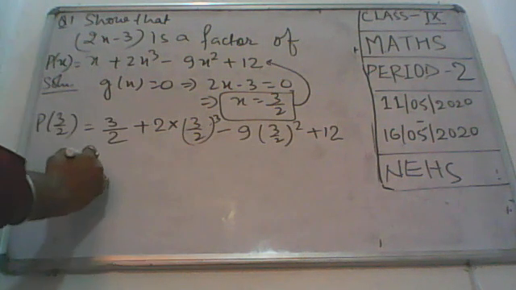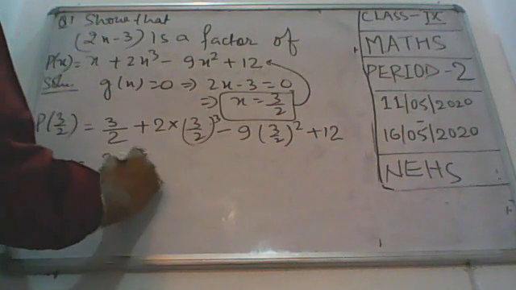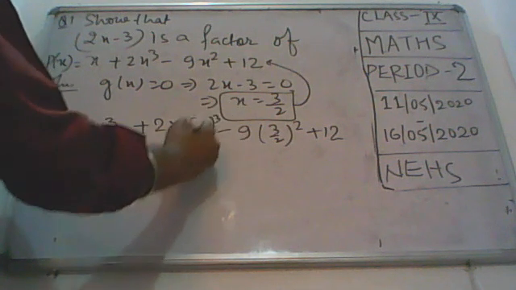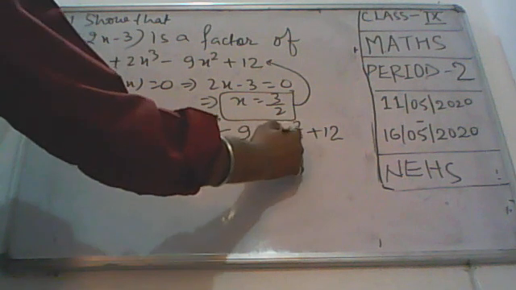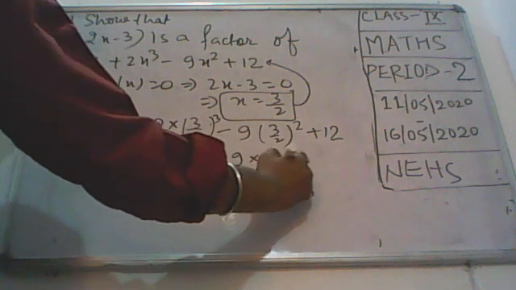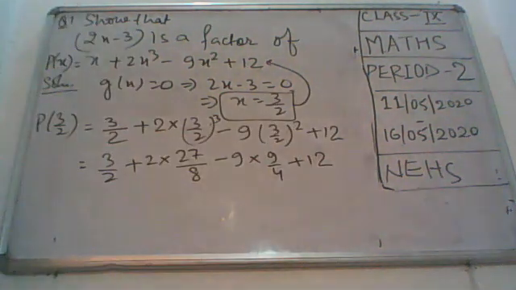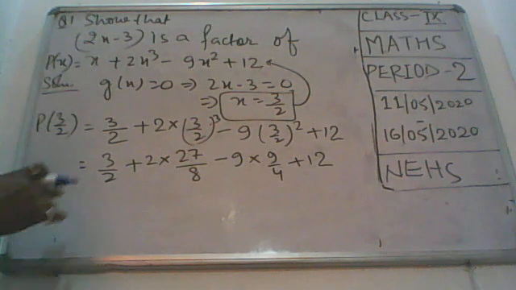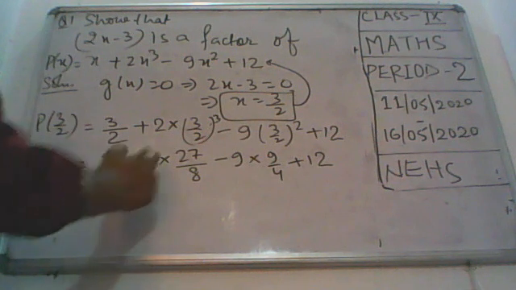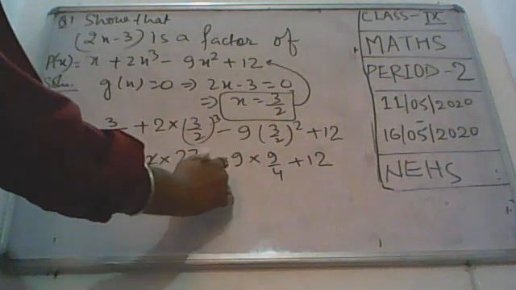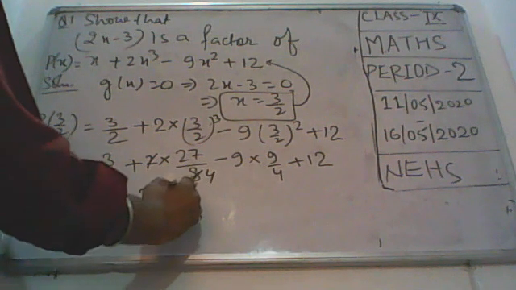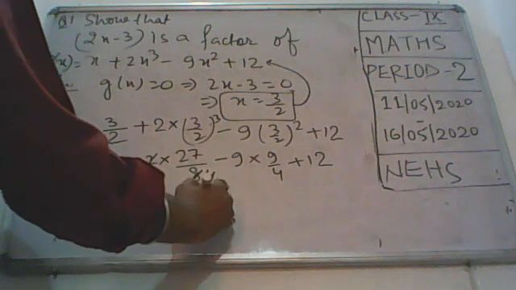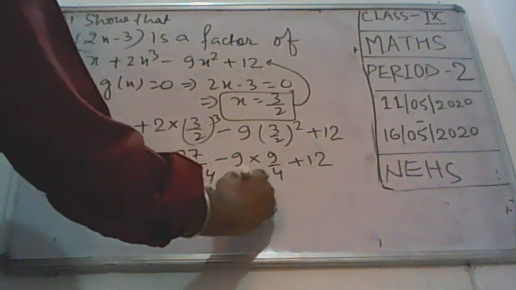Then we take 3 by 2 plus 2 into 27 by 8 minus 9 into 9 by 4 plus 12. Now we have to solve this. If I simplify, it becomes 3 by 2 plus 27 by 4 minus 81 by 4 plus 12.